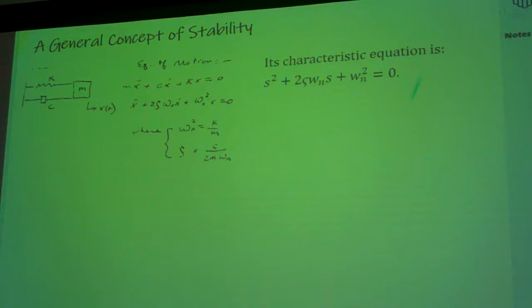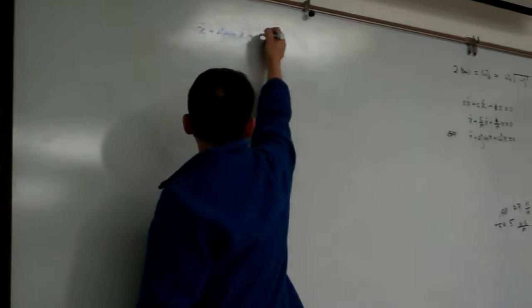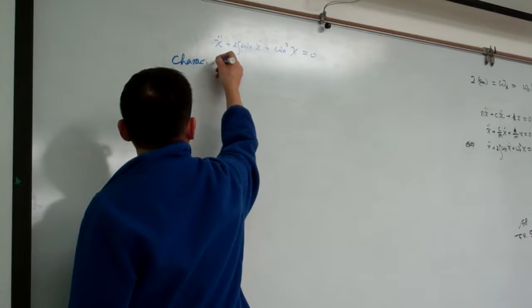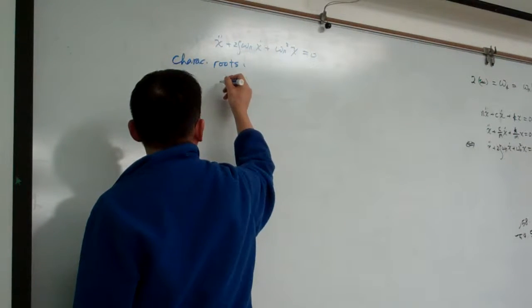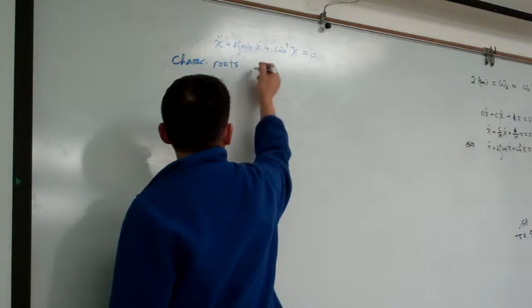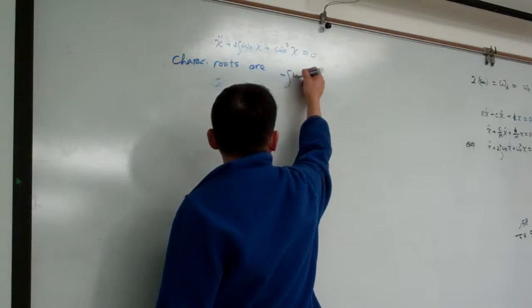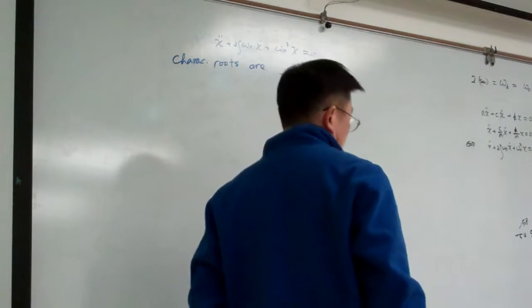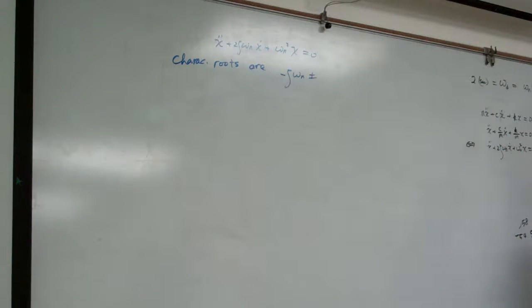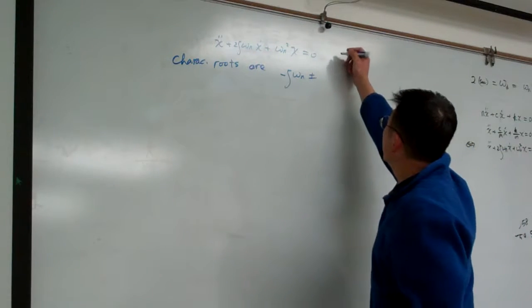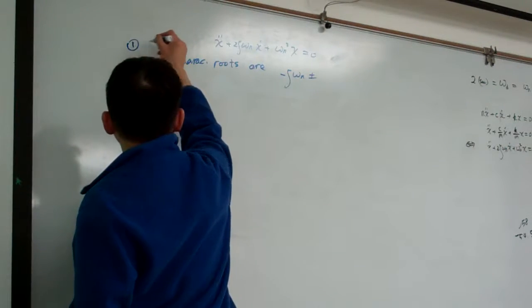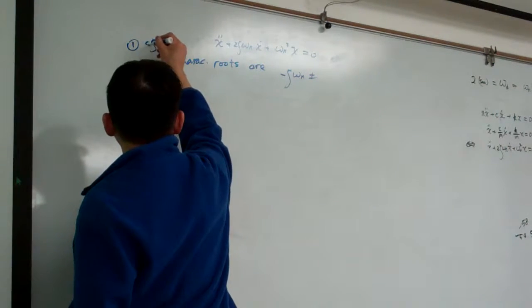X double dot plus 2 zeta omega n x dot plus omega n squared x equal to 0. So the roots equal to minus zeta omega n plus... here we, for case 1, zeta is less than 1, greater than 0.